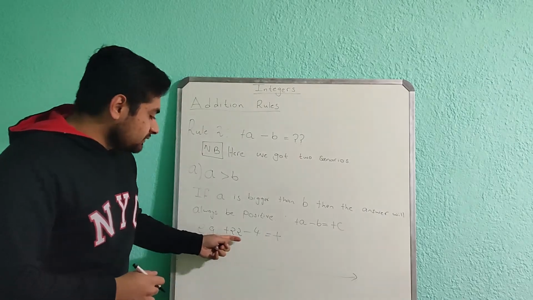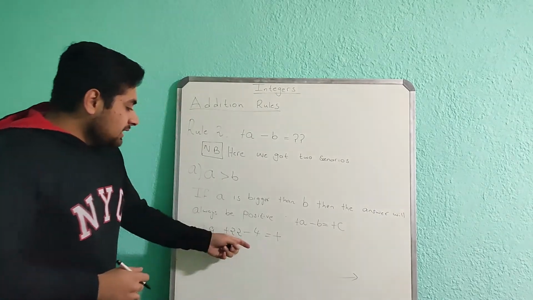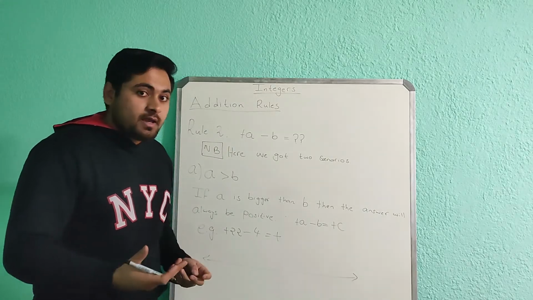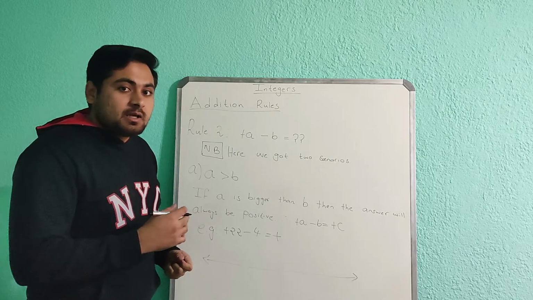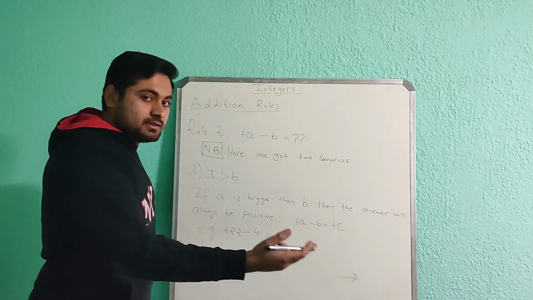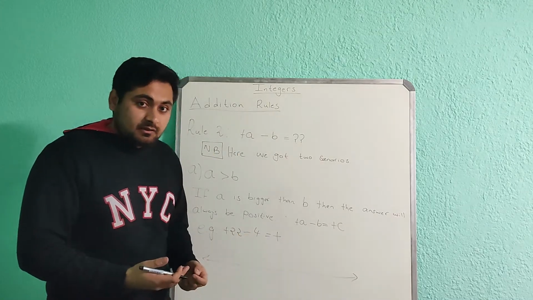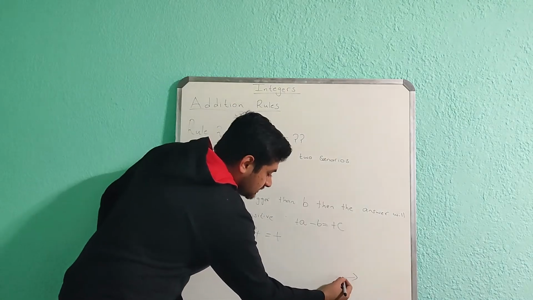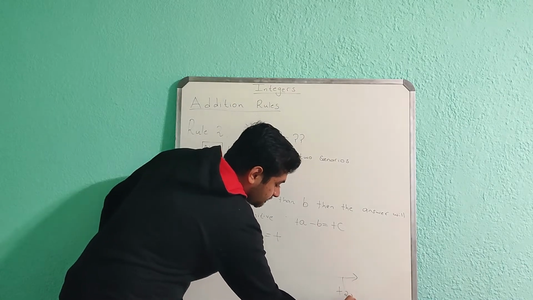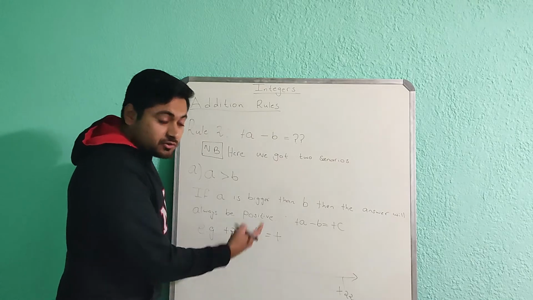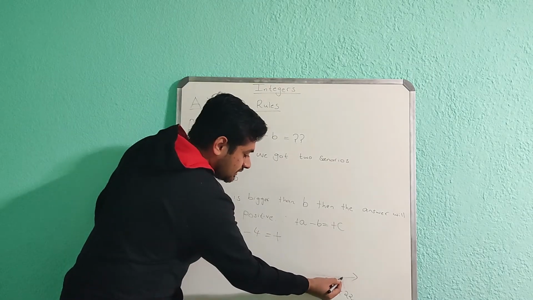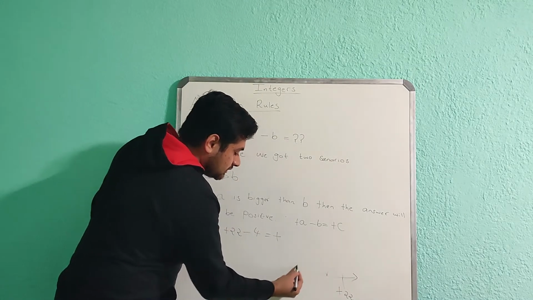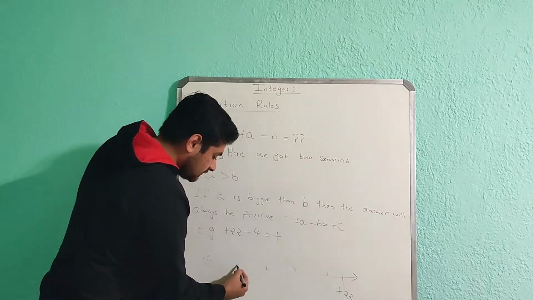So we got positive 22, but we have to move 4 units. As we said in rule 1, it was positive, that's why we moved to the right. But now we know it's a negative sign, so we'll be moving to the left. Let's put plus 22 here, and then we move 4 units to the left because of the negative sign. 1, 2, 3, 4.